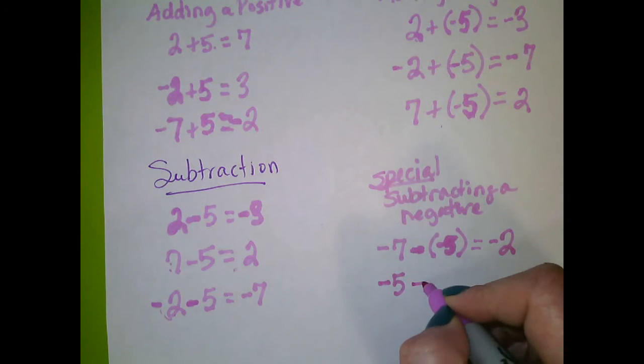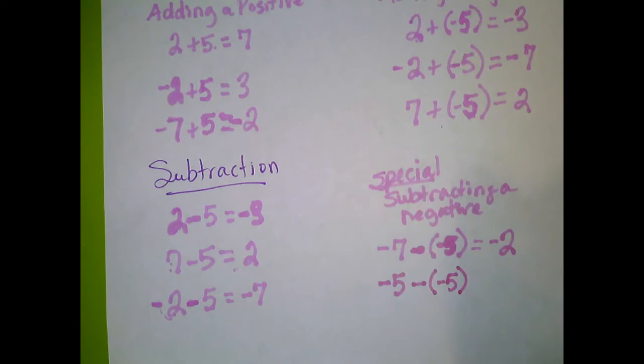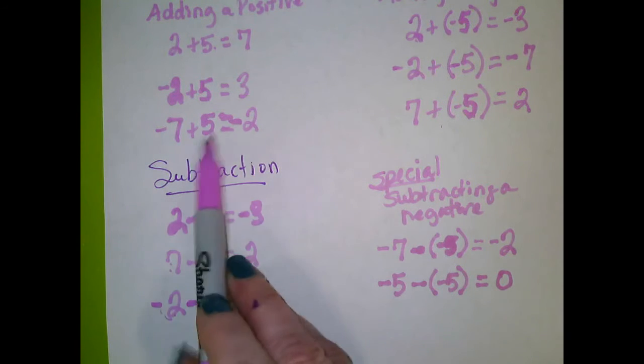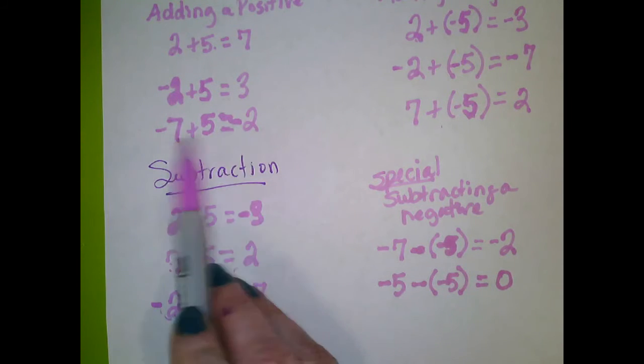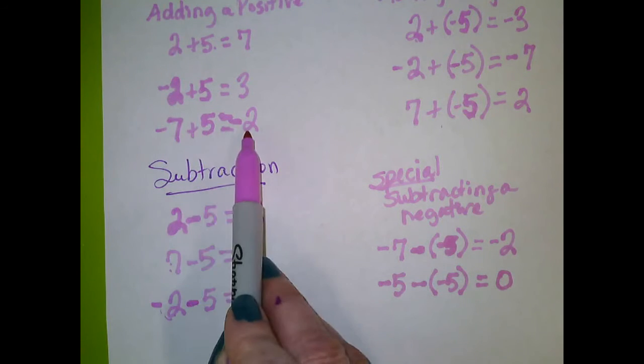Again, in the same thing, you're taking away a debt. You have the -5, you're taking away this same amount. Guess what? You're balanced. Now these might look familiar. Interestingly, you see that -7 minus -5 looks just like, similar to me, -7 plus 5, which is -2.